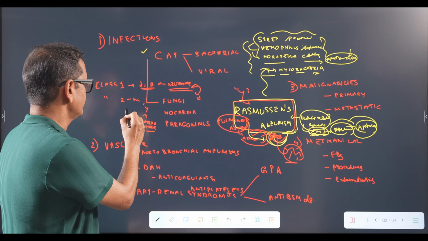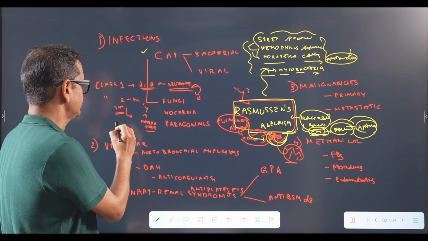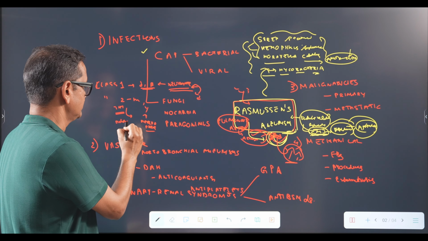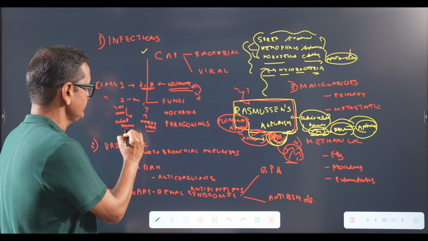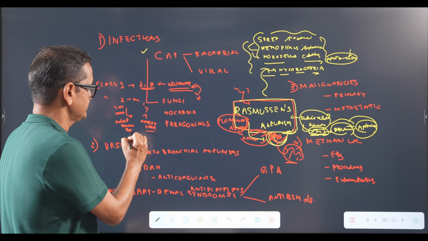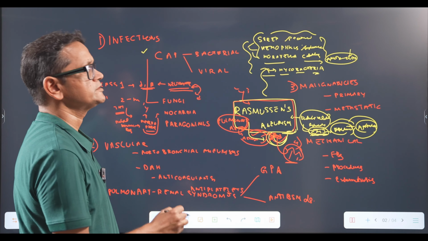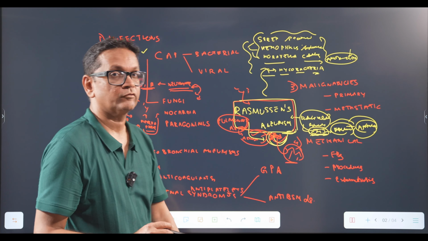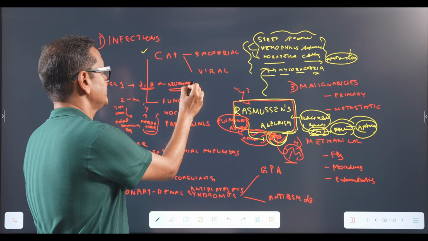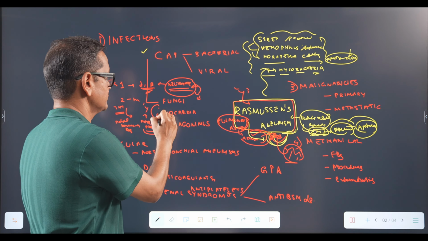At the same time, with the help of Th1, that is delayed hypersensitivity axis, macrophages are recruited, and these macrophages secrete interferon gamma to contain this overwhelming tissue destruction by alpha and beta.